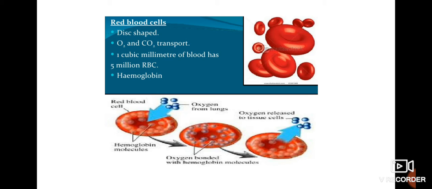As you have studied in the respiration chapter, RBCs are responsible for binding oxygen. Whenever oxygen binds to the RBC, it forms oxyhemoglobin. When it reaches the body cells, the oxygen will be released and hemoglobin will again return to carry the oxygen molecules.